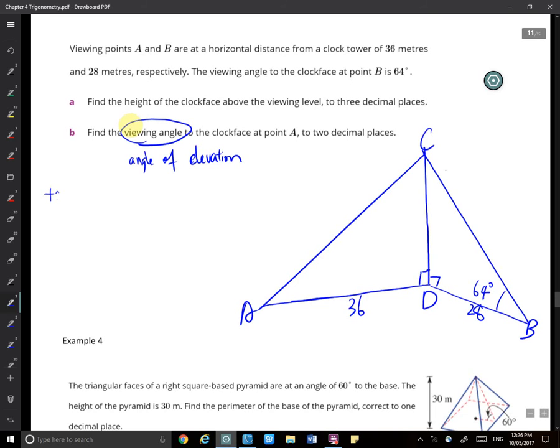So tangent 64 degrees equals CD over BD, which is 28. CD equals 28 tangent 64 degrees.